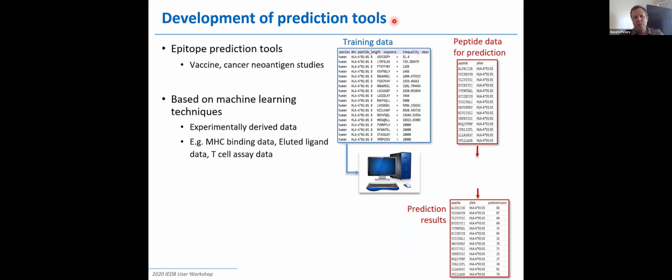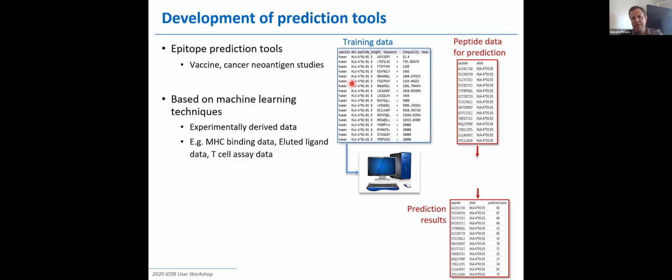So the prediction tools that we have are applied for a number of things, including vaccine development, but also monitoring of cancer neoantigen responses in trials and checkpoint blockade studies, etc., as I mentioned before. All of the tools that we have, or actually the most recommended tools we have, are all based on machine learning, which means they take experimentally derived data such as MHC binding data, eluted ligand data, T-cell assay data, and try to extrapolate from those.